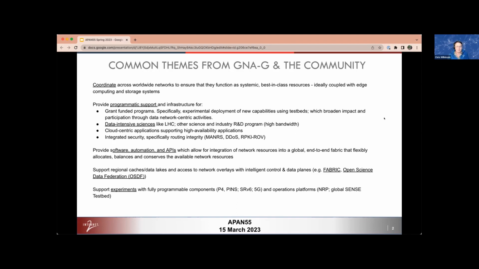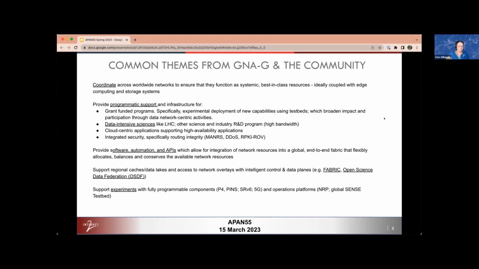That allow for the integration of those network resources into the larger global and domestic fabrics, that conserves network resources and provides backup capabilities. And we're also supporting things like caches, regional data lakes, HPC computing, and other uses through intelligent overlays and control planes, and supporting experimental purposes as well.